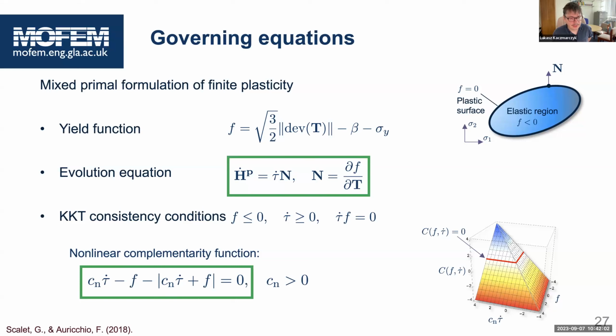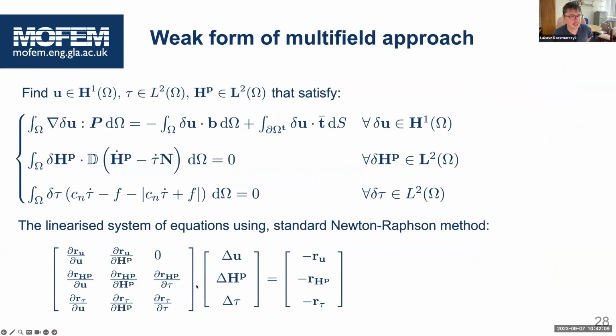Okay, so then we have the flow rule, we have a consistency equation, a complementary equation. So what we can do now is deploy on that our beloved mixed formulation. We will decide to have displacement in H1, so conforming finite elements. Then Lagrange plastic multipliers in L2 space, and then Henky stress in L2 tensorial space.